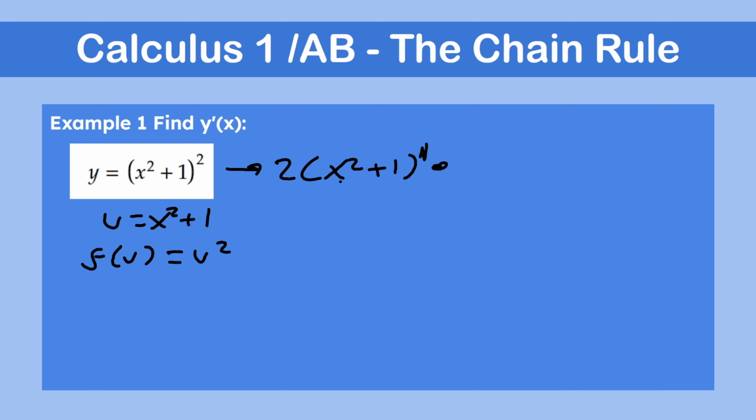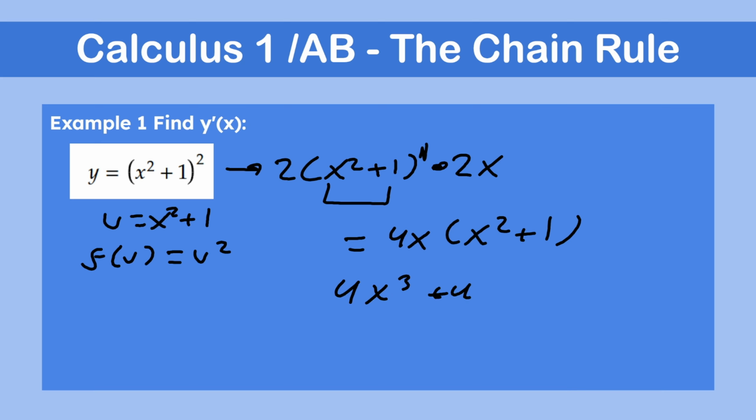But in the chain rule, you multiply by the derivative of the inside. The inside derivative is just the derivative of x squared plus 1, or just 2x. So our final answer is 4x times x squared plus 1, or 4x cubed plus 4x.